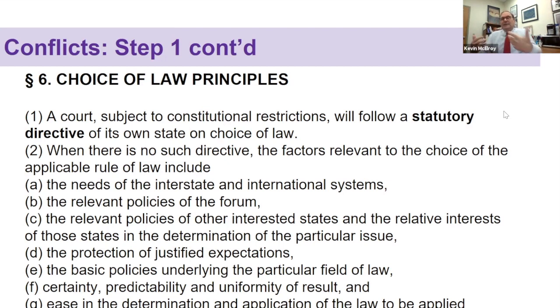But again, most choice of law is court made. So in real life, that's not going to be an issue too often. On a bar exam, which is less related to real life than it should be, okay, this can come up.